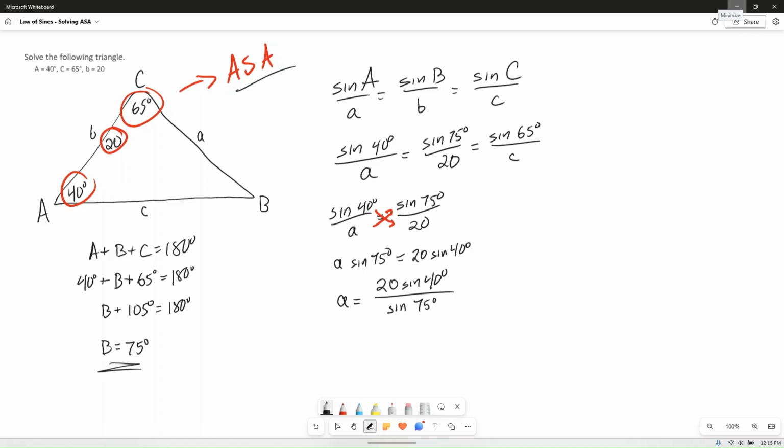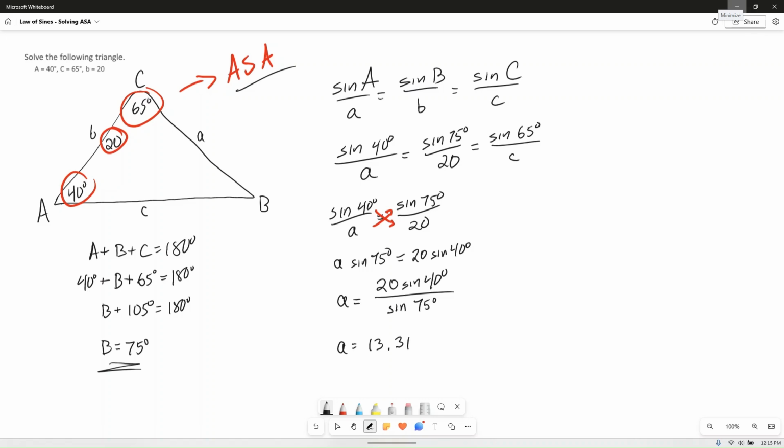So we have 20 sine of 40 degrees divided by the sine of 75 degrees, and that gives us a value for A equaling 13.31. And that's rounded to two decimal places.